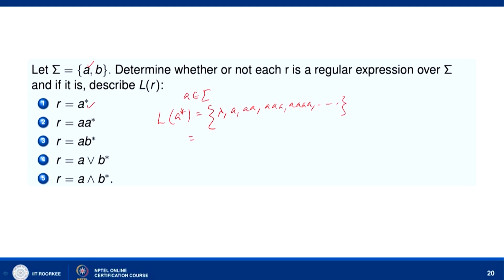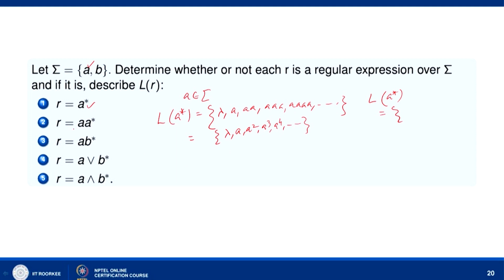That is nothing but lambda, a square, a cube, a to the power 4 and so on, because L of a star is nothing but the union of these powers.